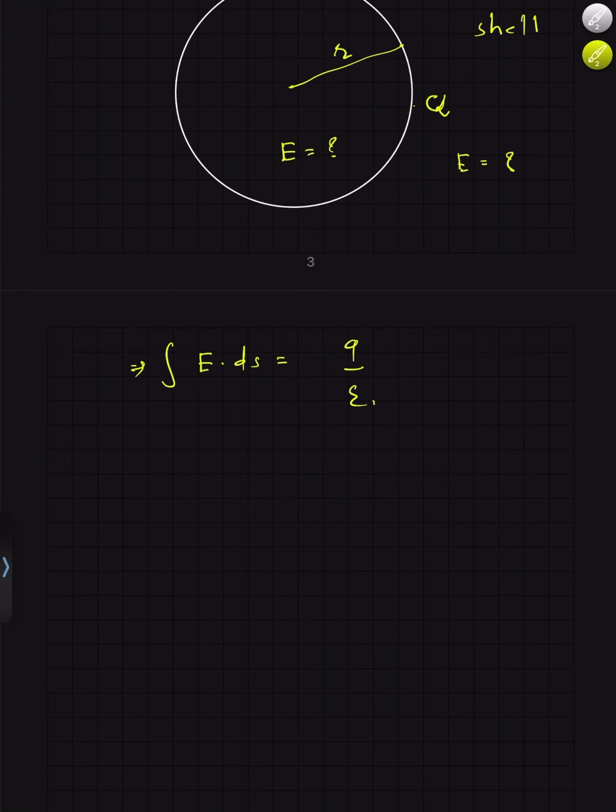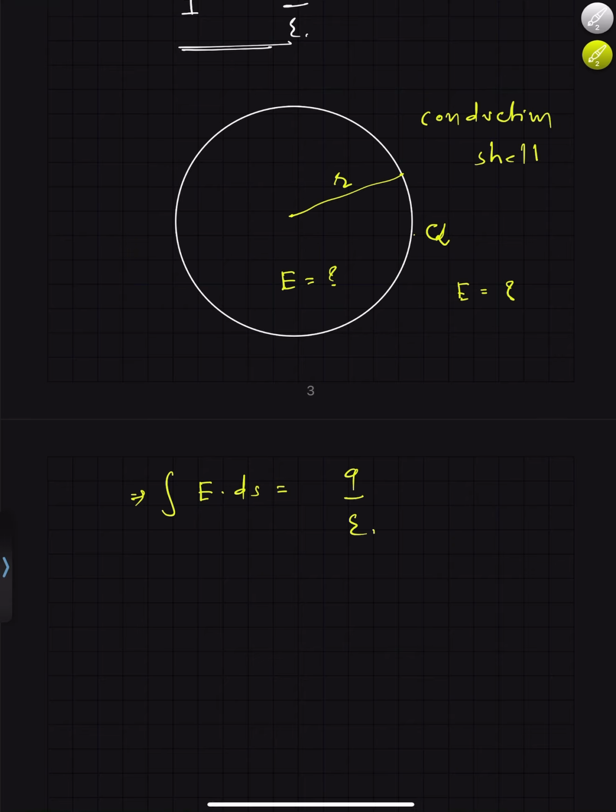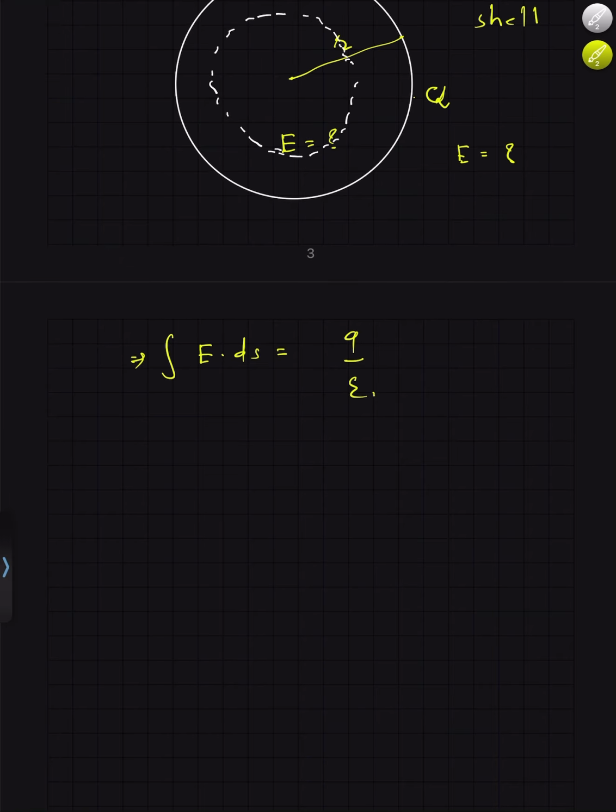For inside, you have to take a Gaussian surface inside the shell, a spherical surface of small radius r.